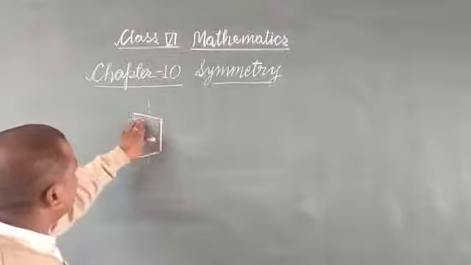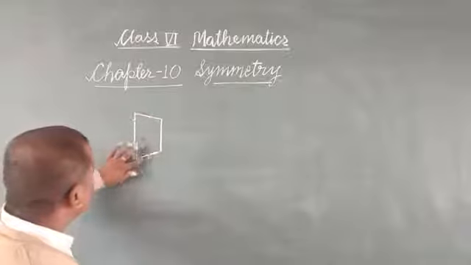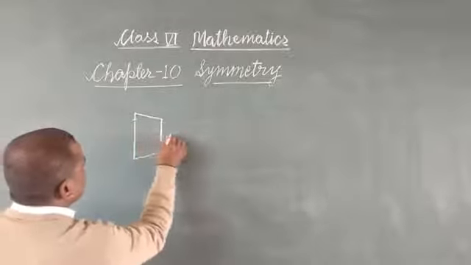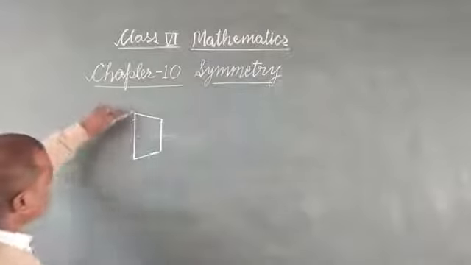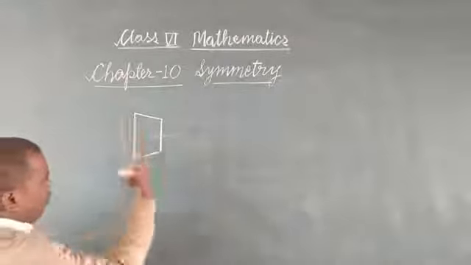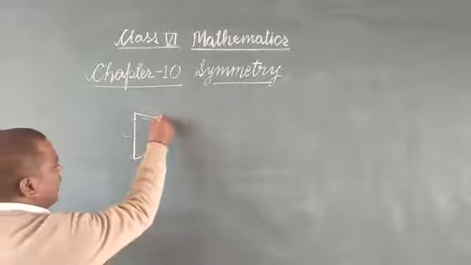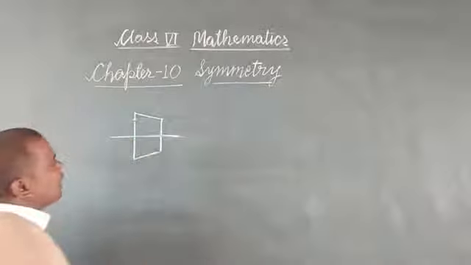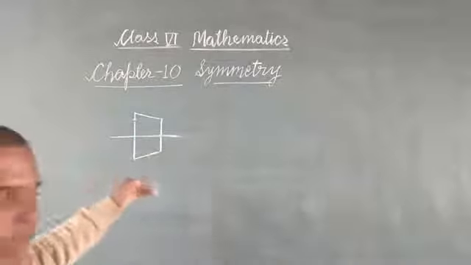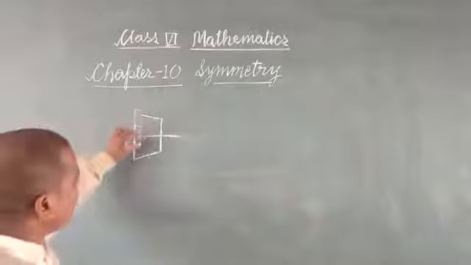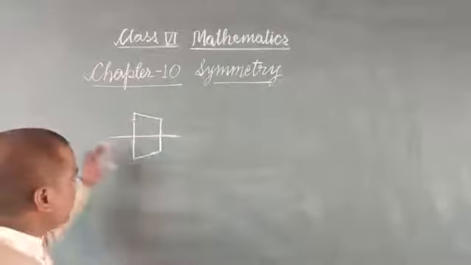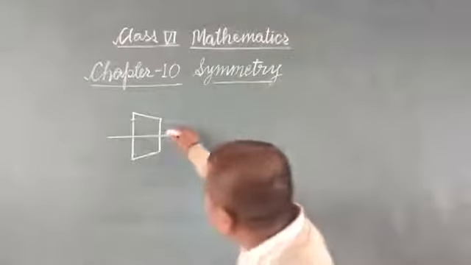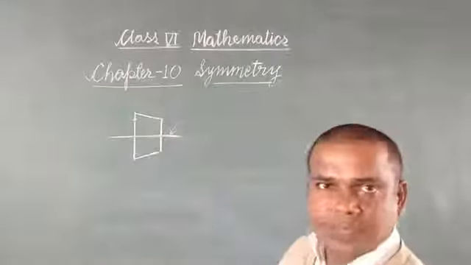Now we will try by this side. Now see, when you fold, this will cover this one and this will cover this. Means this line is called the line of symmetry, because by drawing it, the upper side and the lower side of this line look exactly the same. So this one becomes the line of symmetry.